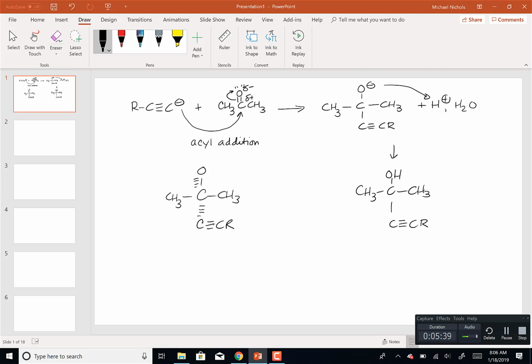And then we average our charges from the reactant to the product. So the C minus, and over here it's neutral or 0. The average of minus 1 and 0 is a delta minus. And then for oxygen, a 0 and a minus 1 makes it a delta minus. So the negative charge is being transferred from the carbon to the oxygen. I'm breaking the double bond, I'm making the carbon-carbon bond.